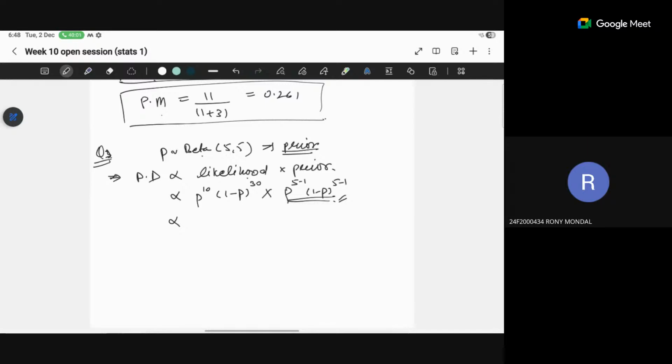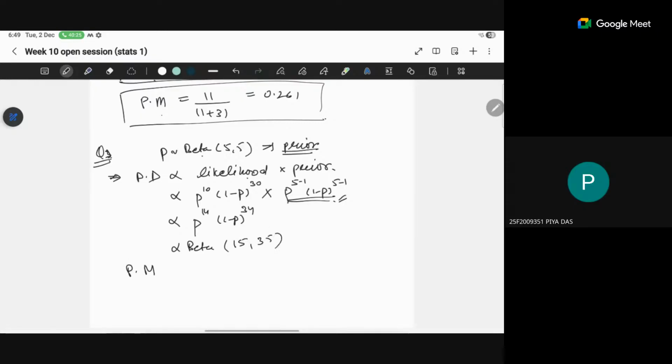Okay. So this will be what? P raised to the power 14. And 1 minus P raised to the power 34. So this is also following a beta distribution with parameters 15 and 35.